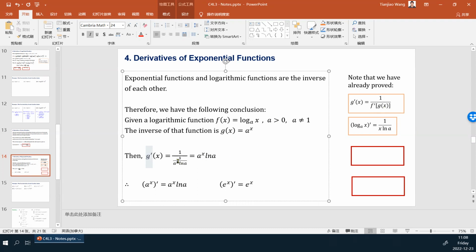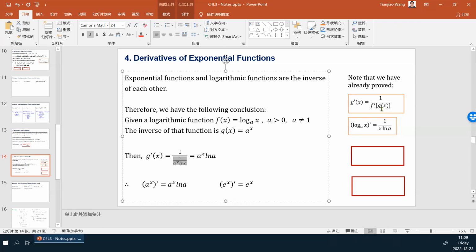So first of all, the derivative of f(x) is 1 over x times ln a, right? x is your independent variable.